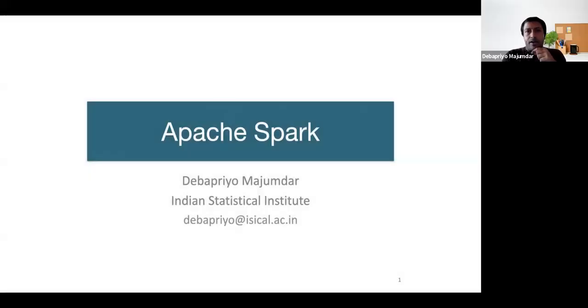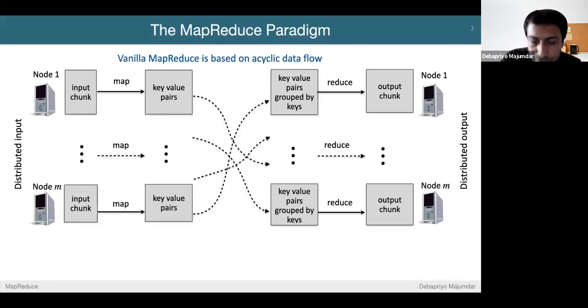Okay, so Apache Spark. Just like Apache Hadoop, I'm skipping the history and all those things. Read it up if you need to. Let's go on to the technical side. So just as I was saying, vanilla MapReduce is based on an acyclic data flow, right?